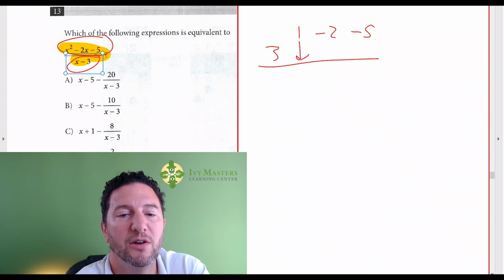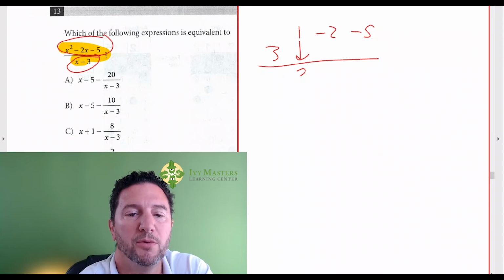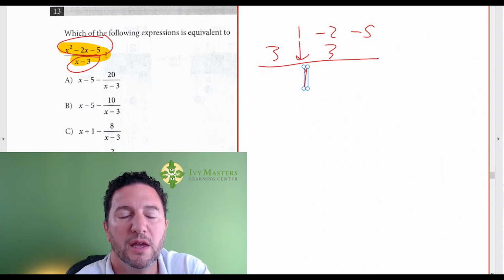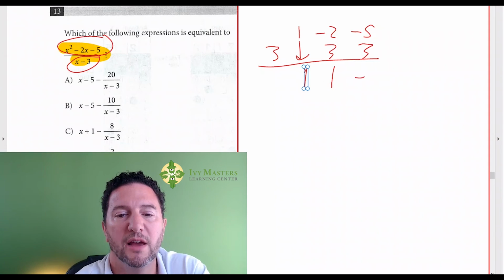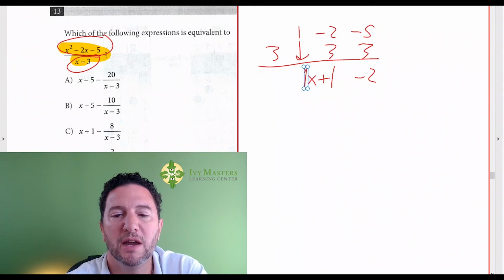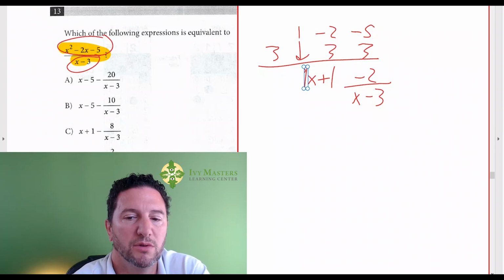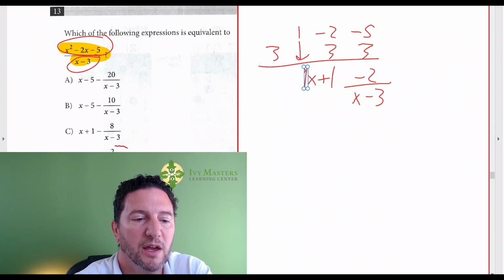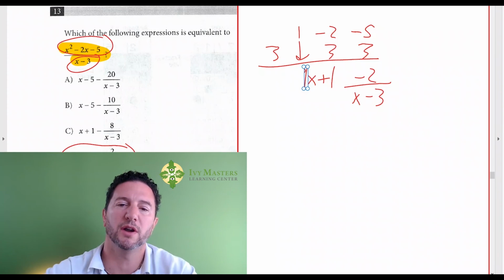I bring down my 1, and when I multiply I get 3, and I add it down, I get 1, and then I multiply, I get 3, and add it down, I get negative 2. And then you drop one power. The original was x squared, so this is 1x, this is a positive 1, and this is minus 2, so it's minus 2 over what I was dividing by, which is x minus 3. So once again, you've got x plus 1 minus 2 over x minus 3.